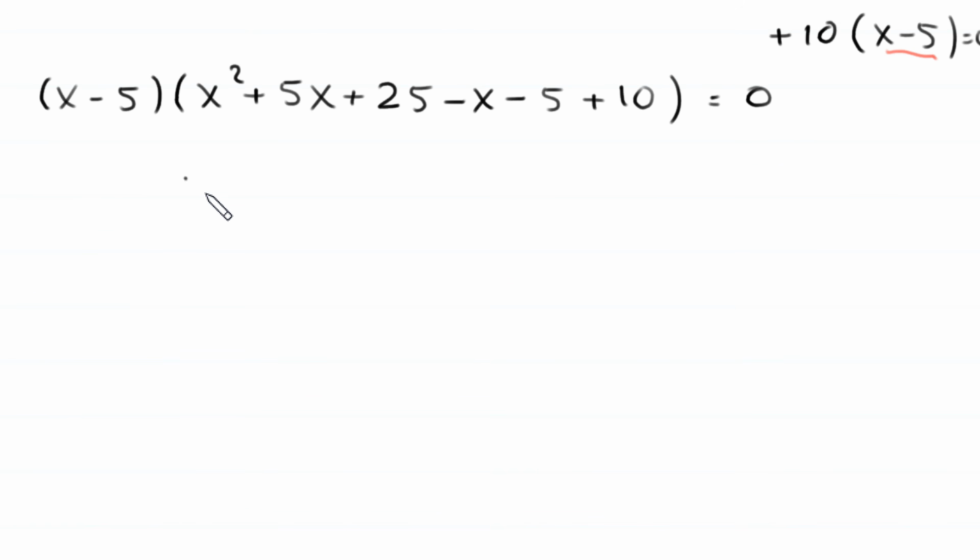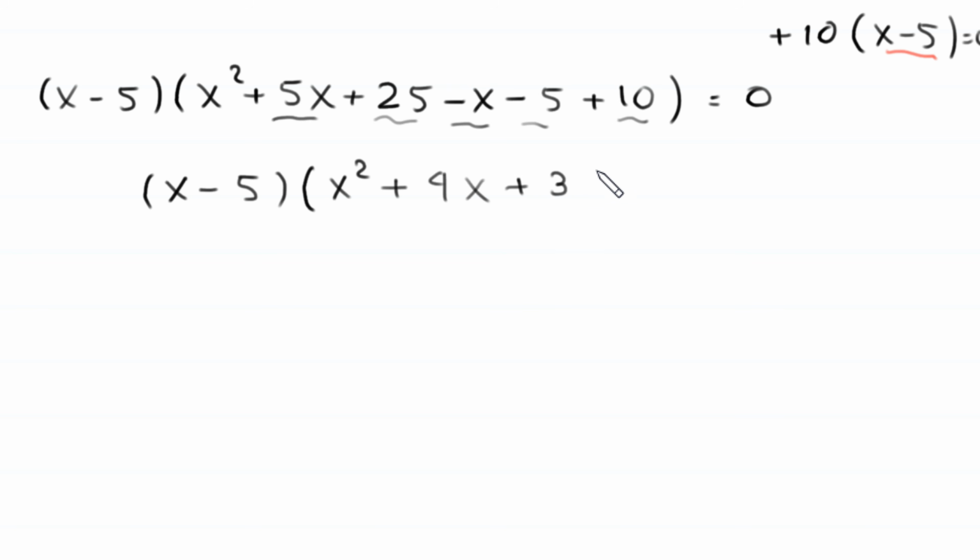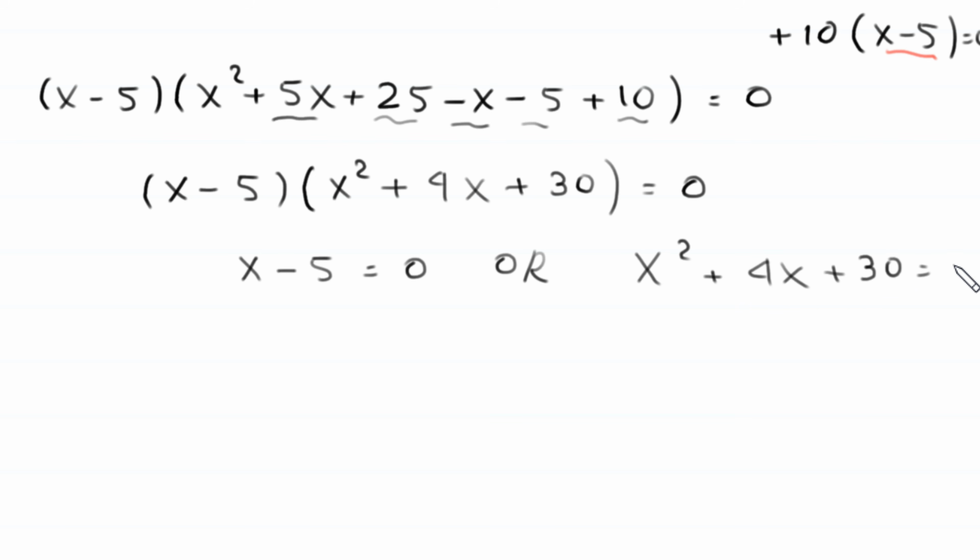Further simplify, this will become x minus 5 times x squared. 5x minus x will become plus 4 times x, and 25 plus 10, 35, 35 minus 5 plus 30 equal to 0. Either this expression x minus 5 is equal to 0, or this expression x squared plus 4 times x plus 30 equal to 0.